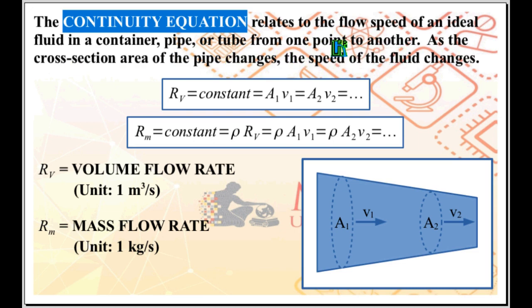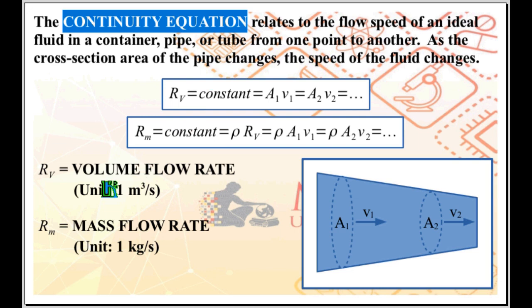So as the fluid flows from one point to another, the continuity equation relates the flow speed of the fluid from one point to another. As the cross-section area of the pipe changes, the speed of the fluid changes.